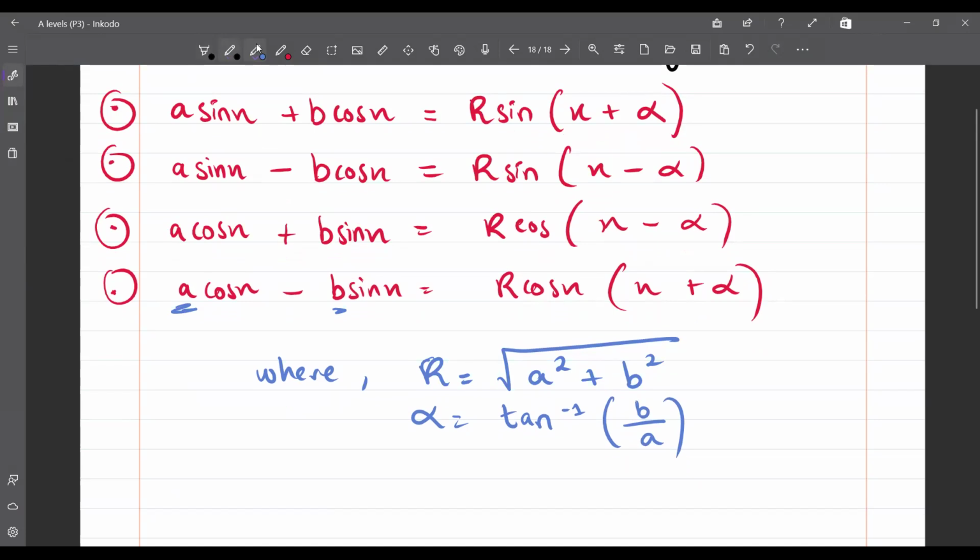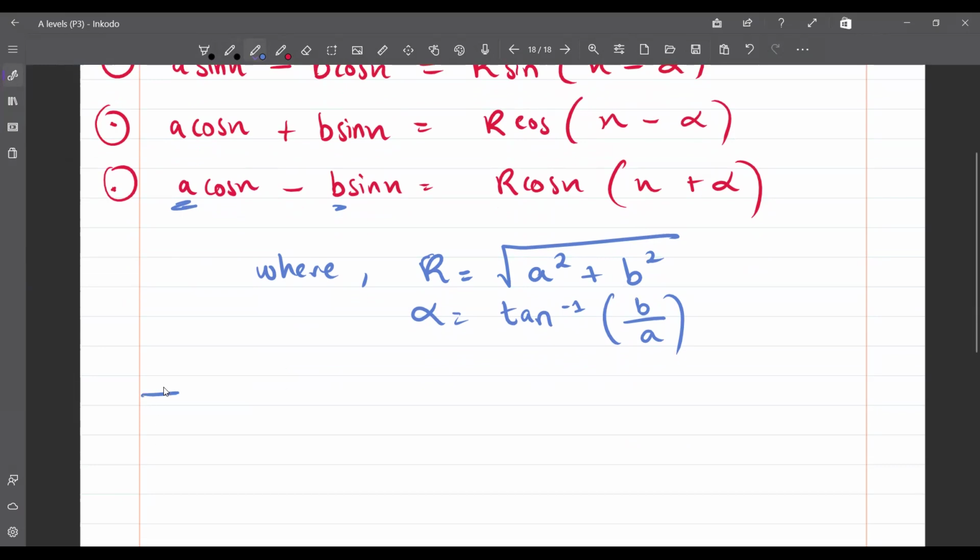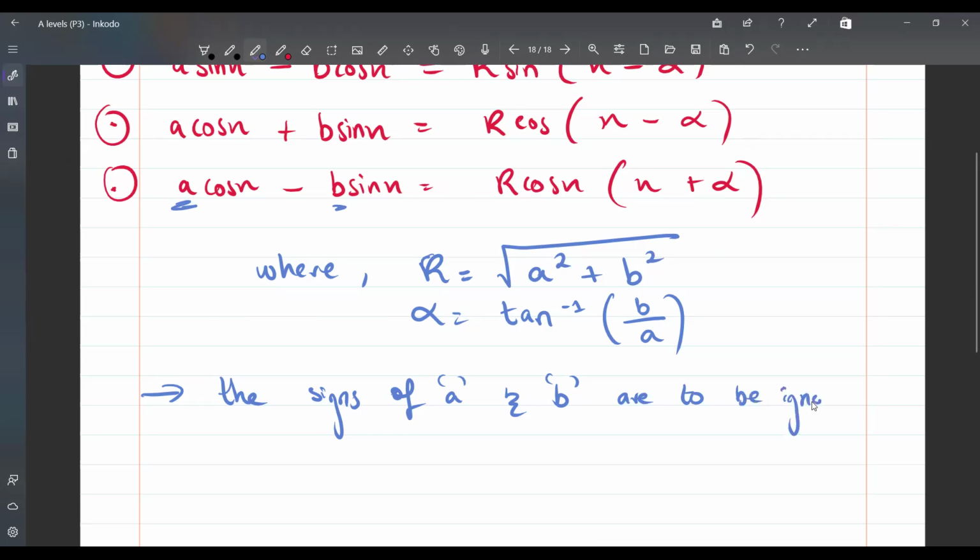Let me just write that note here as well. The signs of a and b are to be ignored, because alpha will always be acute.